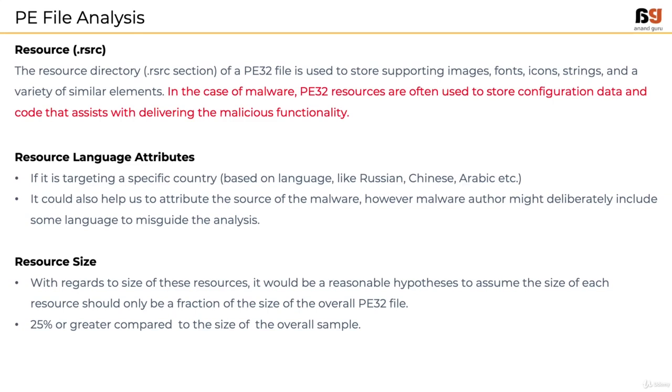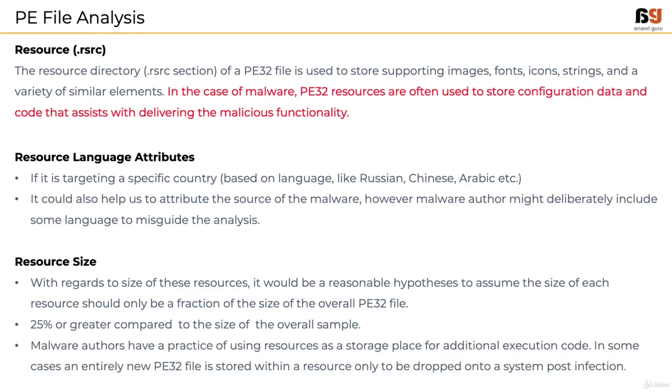Anything more than 30% could mean it is malicious. This is because malware authors have a practice of using the resources section as a storage place for additional execution code. In some cases, an entirely new PE32 file is stored within a resources section only to be dropped onto a system post-infection.